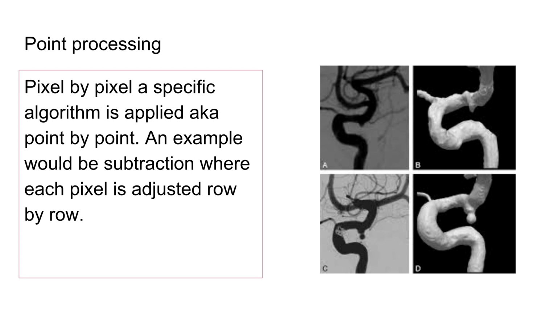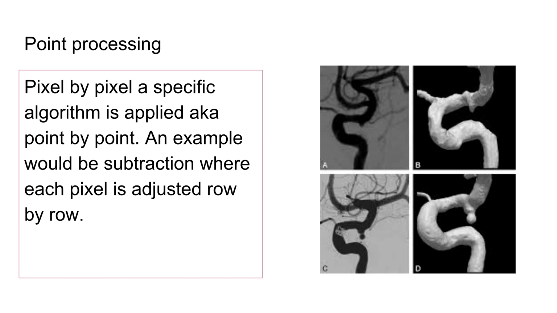So one example, and there can be many examples of all of the different things that we're going to do and talk about today. So I don't want you to say that the only thing that point processing is responsible for doing is subtraction. But subtraction is one good example of how point processing works under the umbrella of the spatial domain.